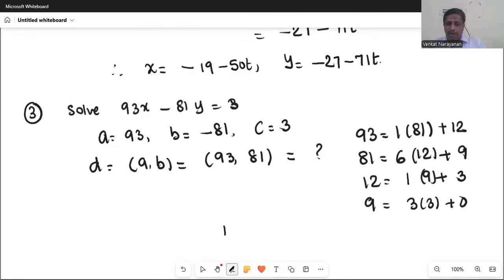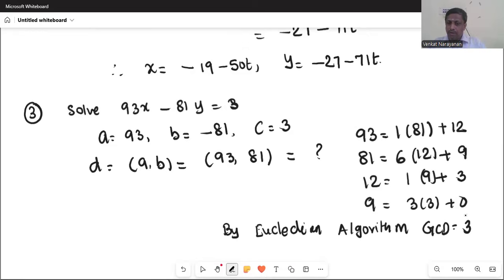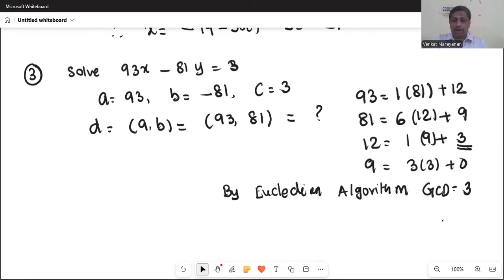Already we know that by the Euclidean algorithm, GCD is 3 because the last non-zero element is 3 in this problem. Okay.